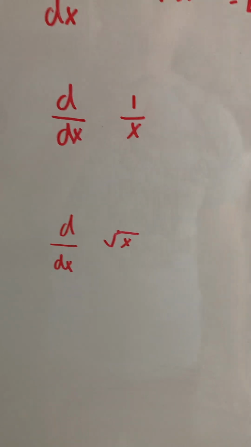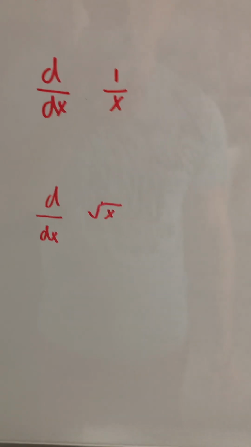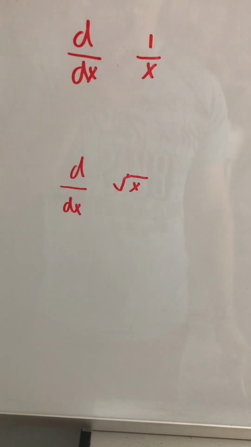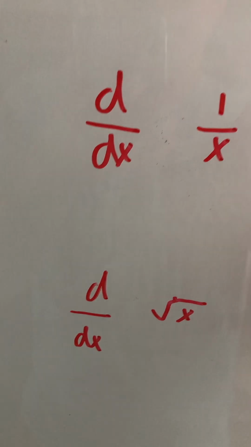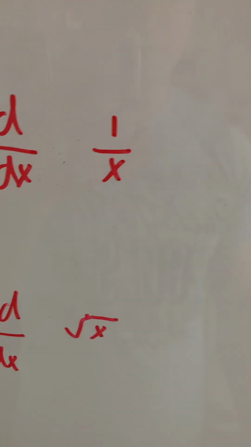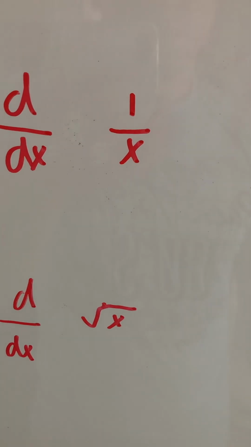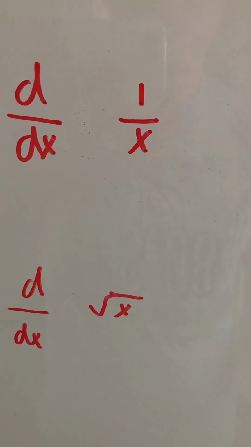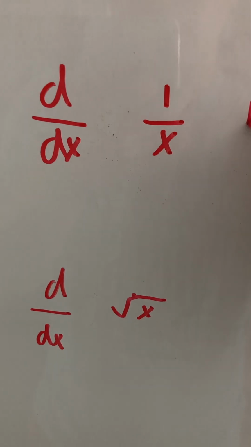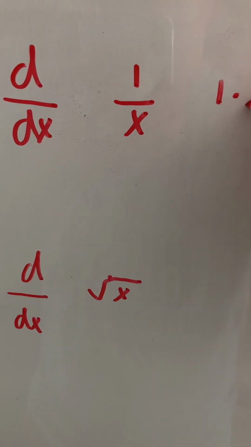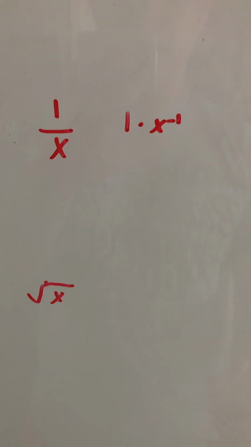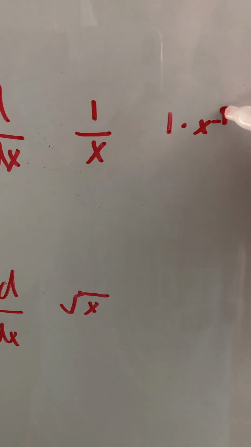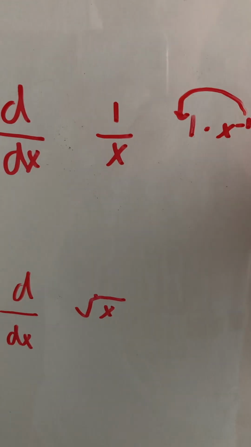Alright, find the derivative of 1 over x. So what am I going to do here? This is not in exponent form, so I'm going to convert this to exponent form. If x is on the bottom, when you use the exponent rules, it's going to be negative. So it's going to be 1 times x to the negative 1. Now I'm going to move negative 1 in front of the 1.